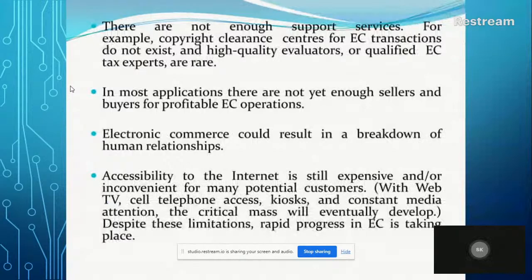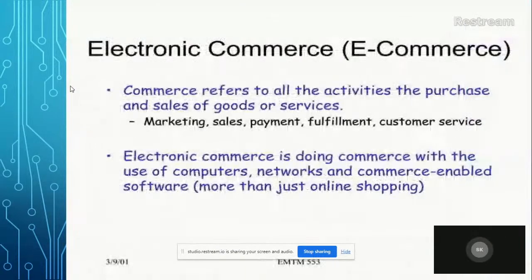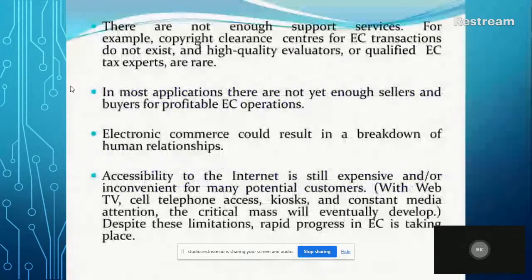Electronic commerce could also result in a breakdown of human relationships. Internet access is still expensive and inconvenient for many potential customers, whether through web TV, cell telephone access, or kiosks, and there is also the critical mass issue. Despite these limitations, rapid progress in EC is taking place. So these are all the limitations and advantages.